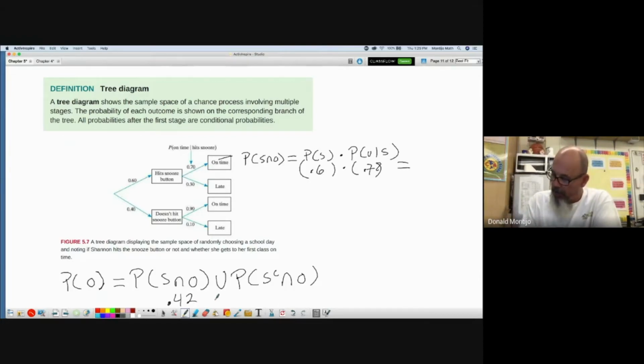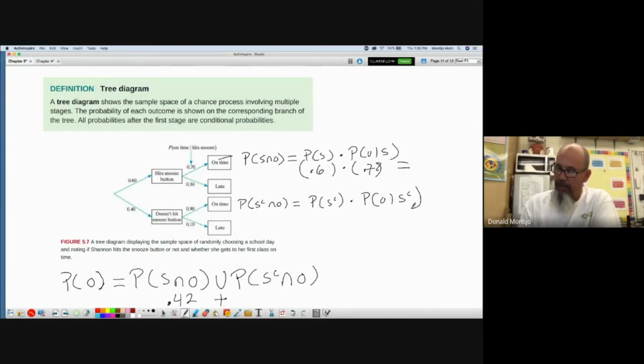Or I could also be on time if I don't hit snooze. The probability I do not snooze and I'm on time is the probability of not snoozing times the probability of on time given I don't snooze.